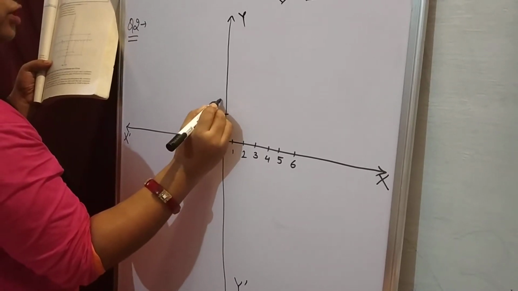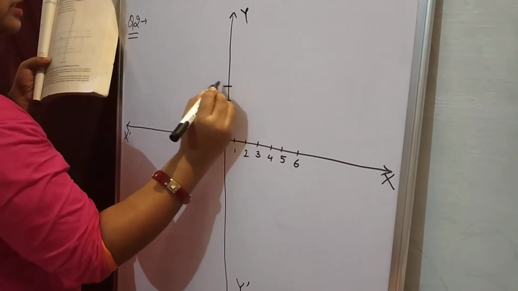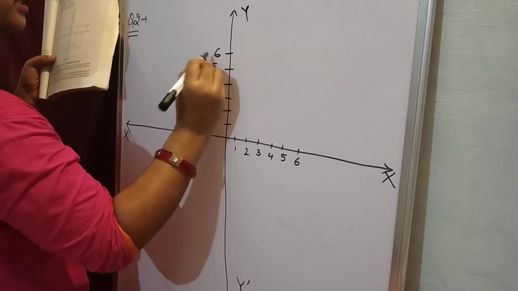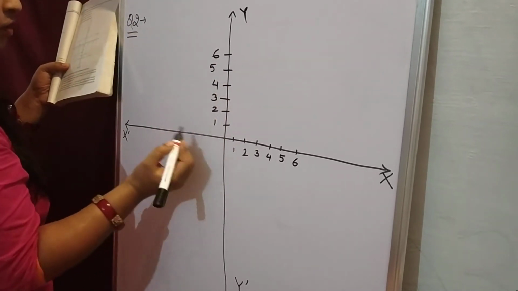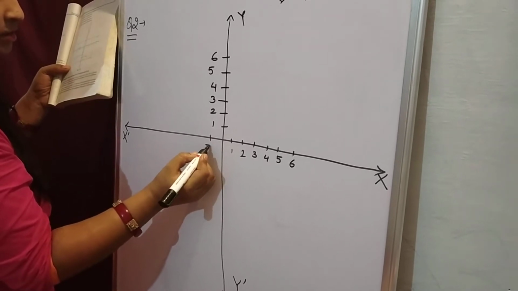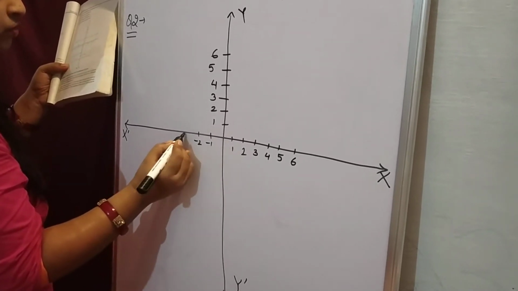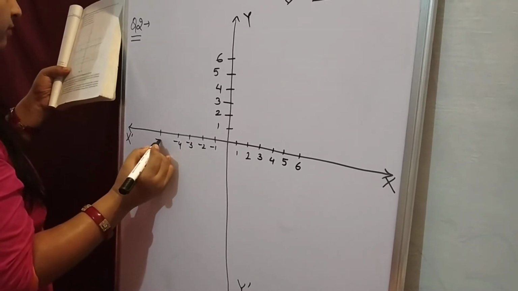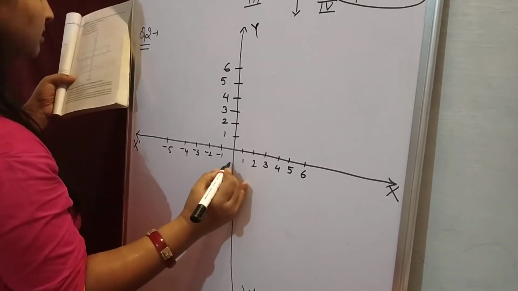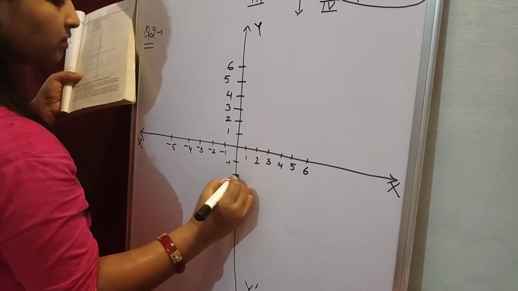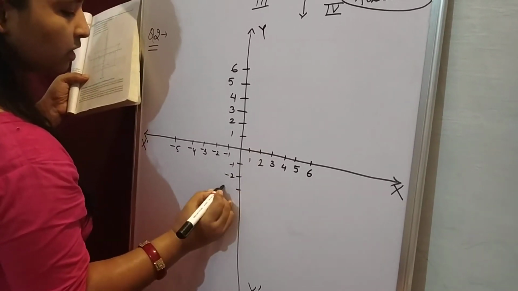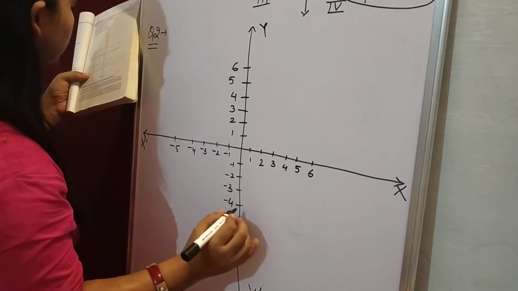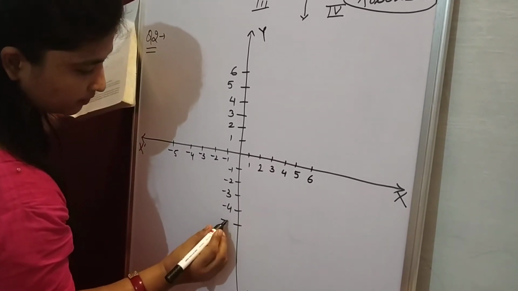With equal gaps you have to take them. With a scale you can take a gap of 2 cm as 1 unit. On the right-hand and left-hand sides, -1, -2, -3, -4, -5. Downward on the y-axis, -1, -2, -3, -4, and last is -5.